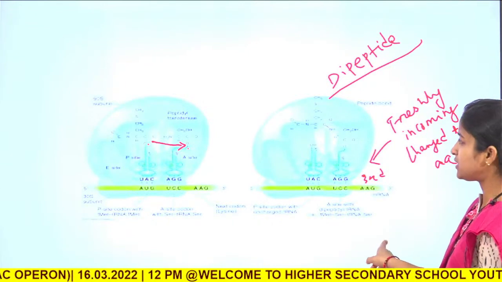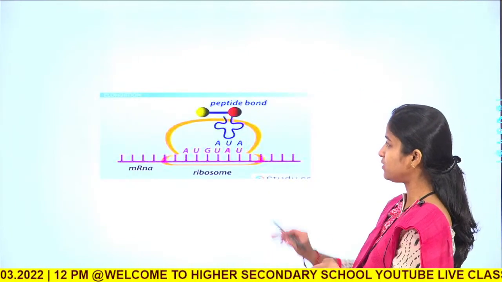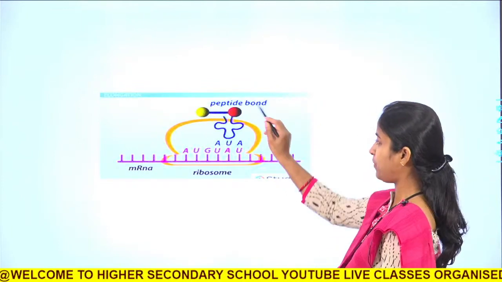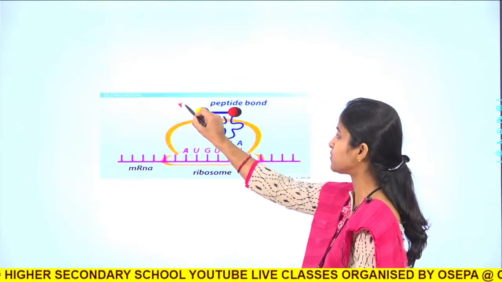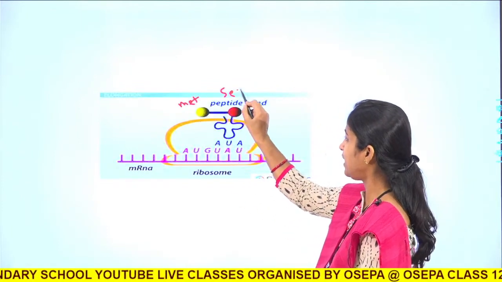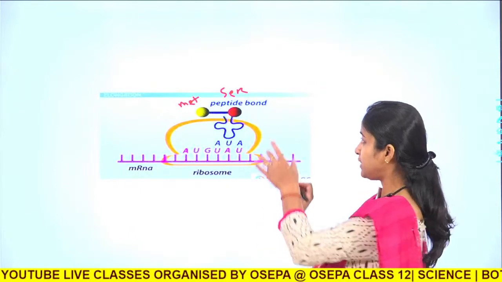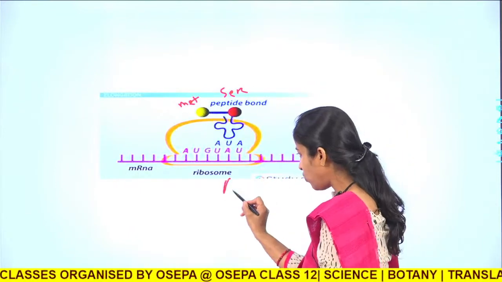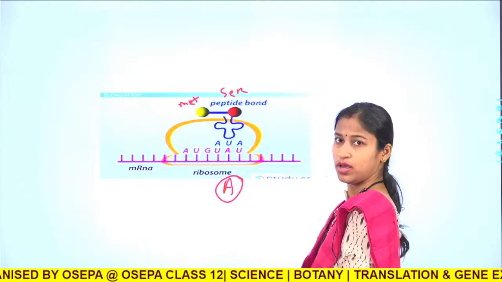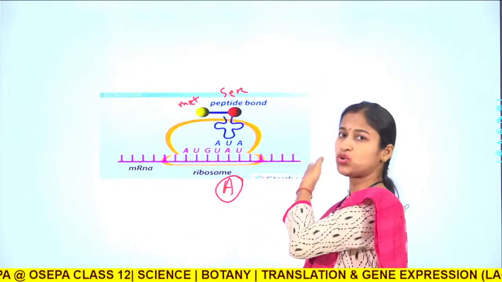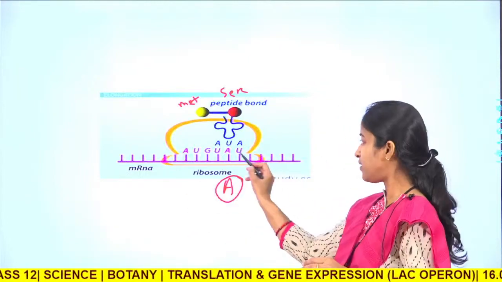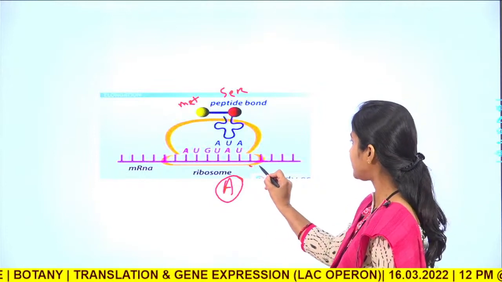This is the peptide bond formation, a dipeptide bond formation. That means if it is methionine, if it is serine, now this dipeptide is carried over to the A site. Then what happens? Translocation of this ribosome happens by a single codon.